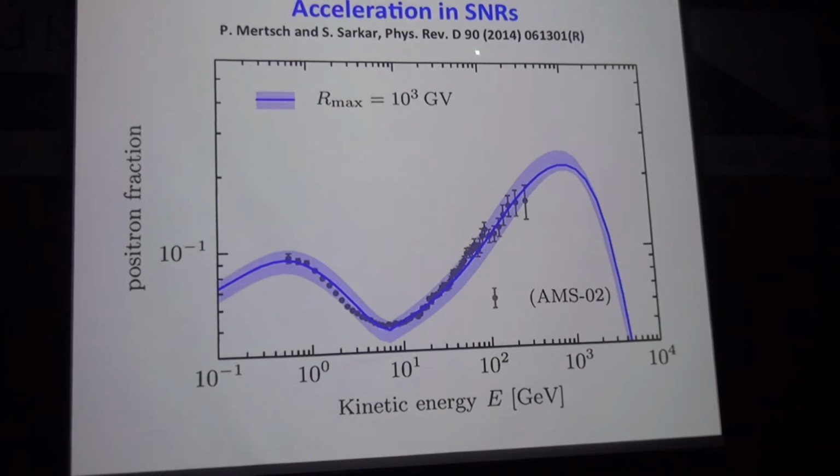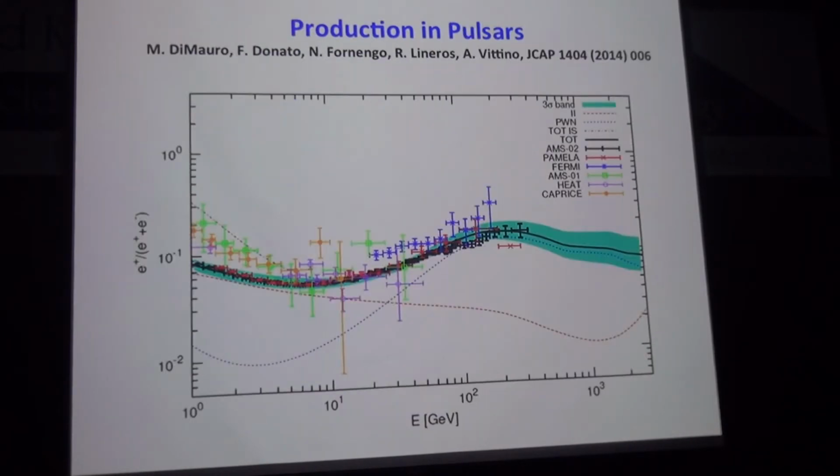For example, here we have a paper using the supernova remnant acceleration mechanism to describe why there's an increase of positron fraction. And this paper shows production of positrons by pulsars. Again, it describes the data pretty well.